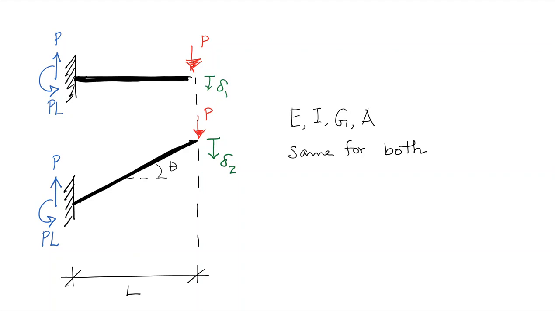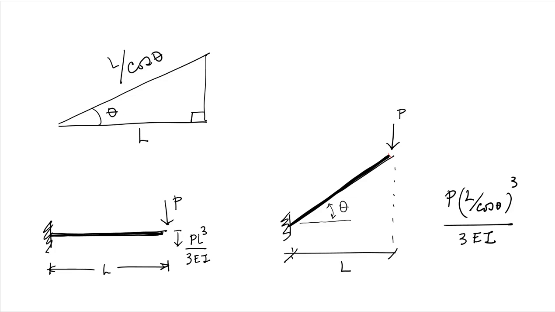Initially, when you look at the problem, you immediately realize the reactions are the same in terms of shear force and bending moment. One of the cantilevers is obviously longer than the other. And so you begin to think in terms of simple solutions, right? You might say, well, in the horizontal cantilever, we know from basic structural analysis that the vertical deflection is PL cubed over 3EI.